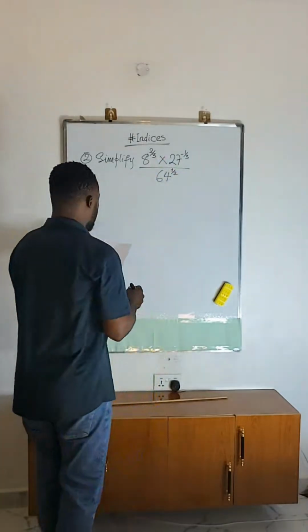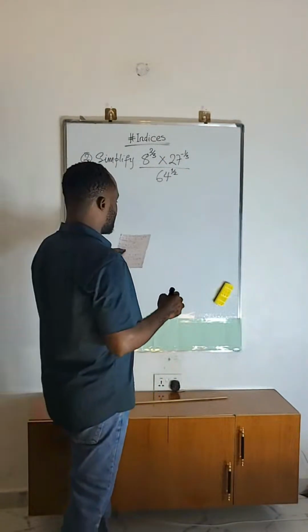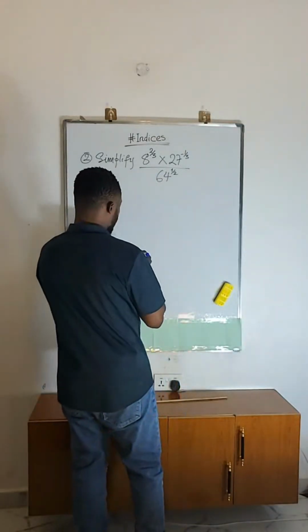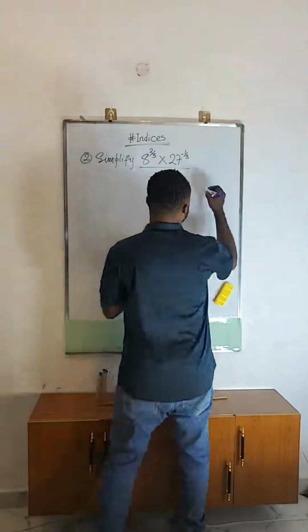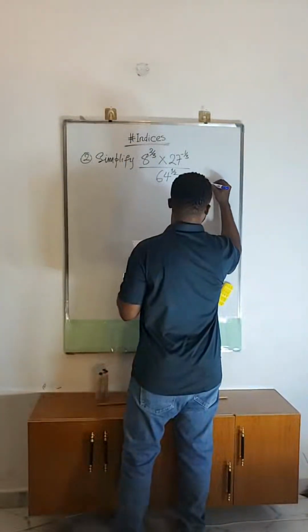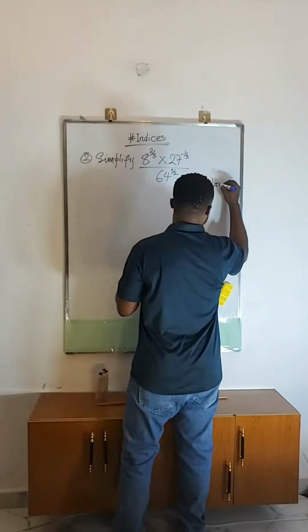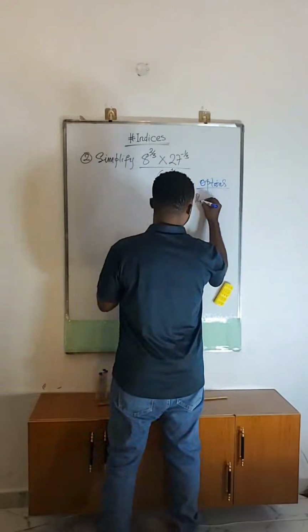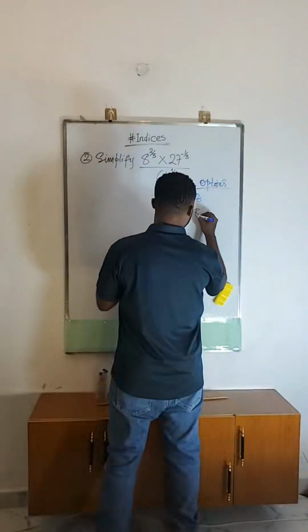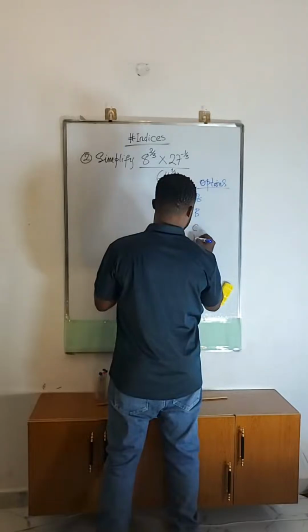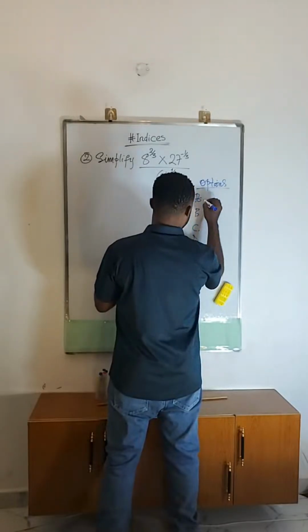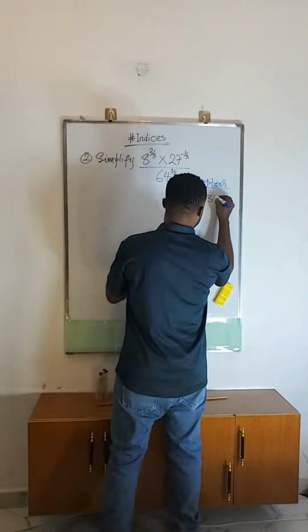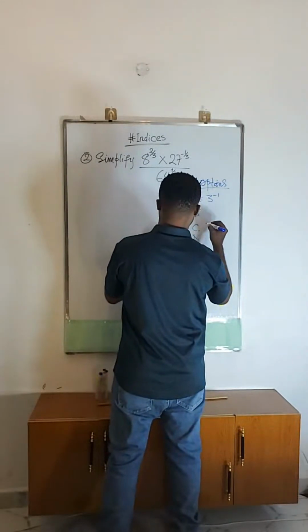And in that one, you have options. Option A is 3 raised to the power of minus 1.